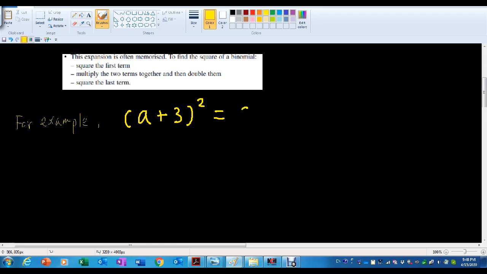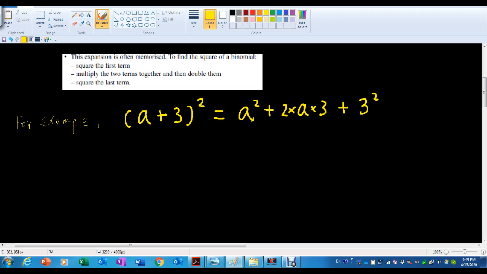Square the first term. Multiply the 2 terms together and then double them, so I put 2 times here. Of course this is plus, and then square the last term.